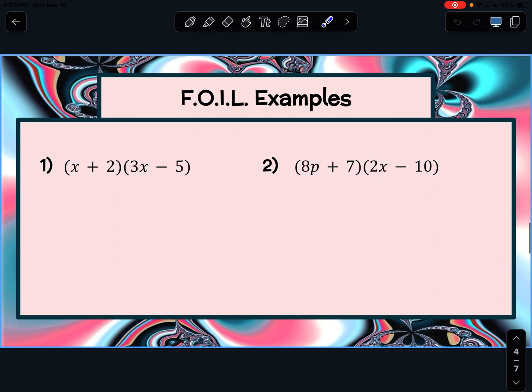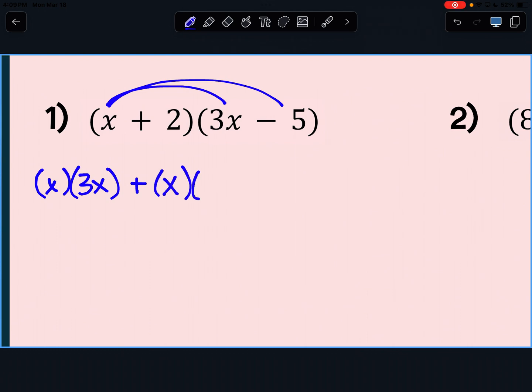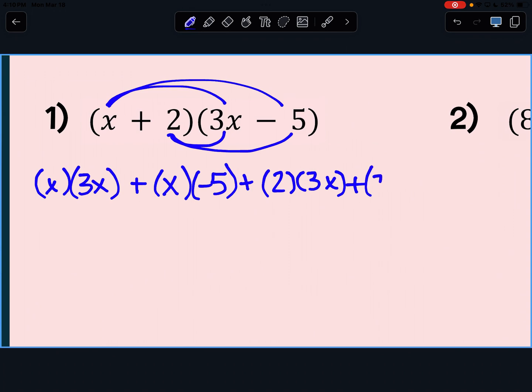All right, let's do a couple of FOIL examples. So here I have first times first, x times 3x, plus outside times outside, plus inside times inside, and then last times last.